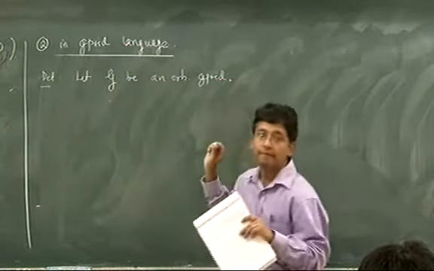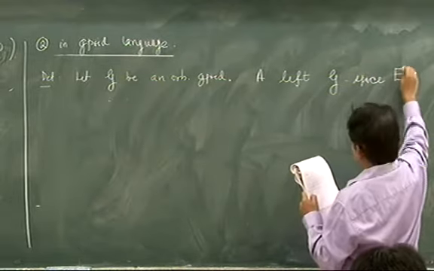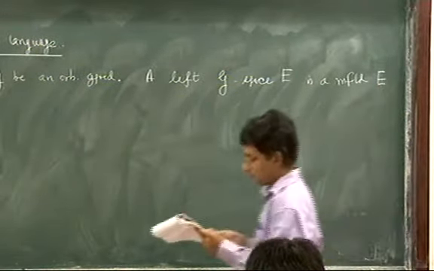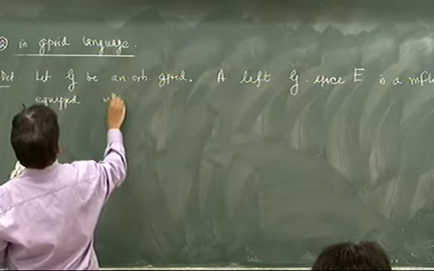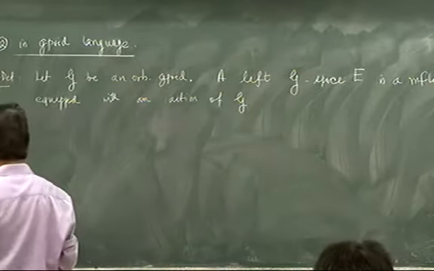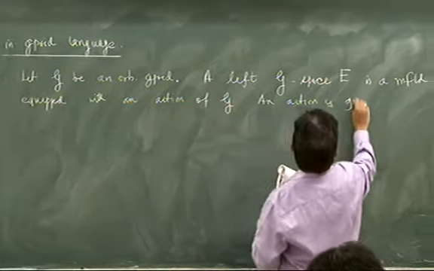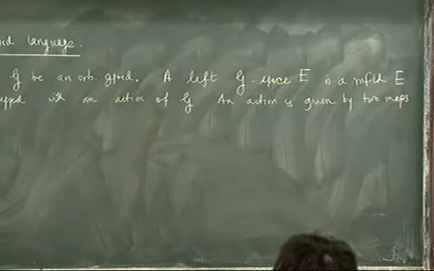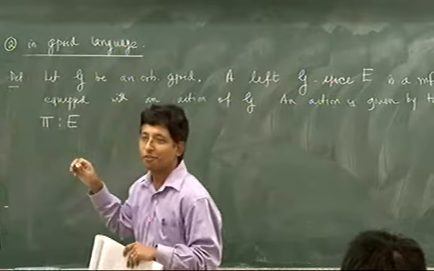A left G-space E is a manifold E equipped with an action of G. An action is given by two maps, pi and mu. If you think of this vector bundle picture, it's kind of clear.